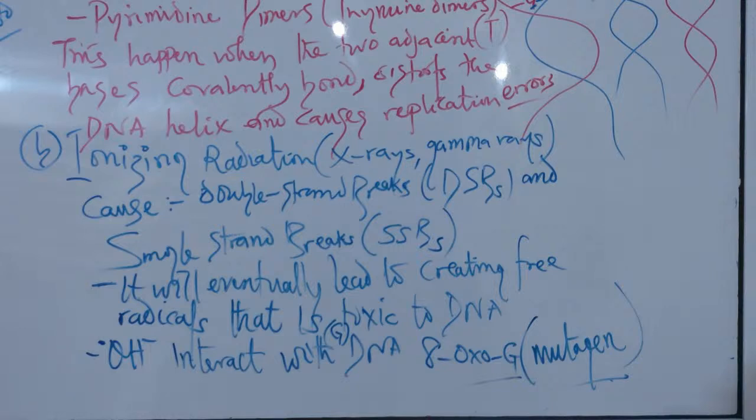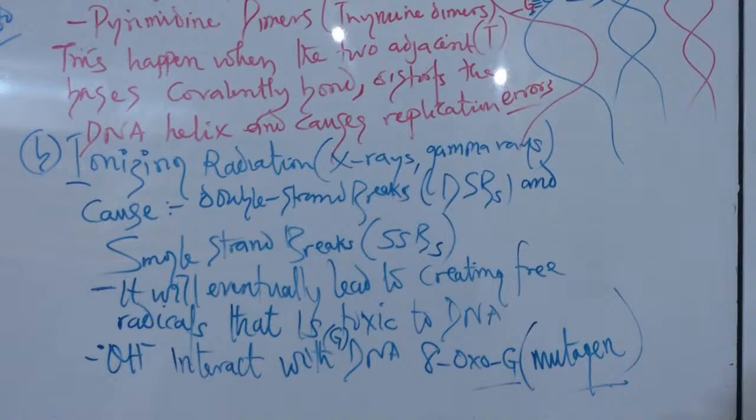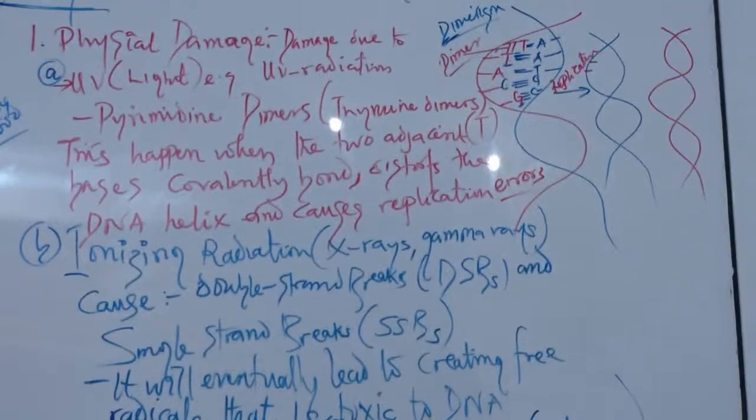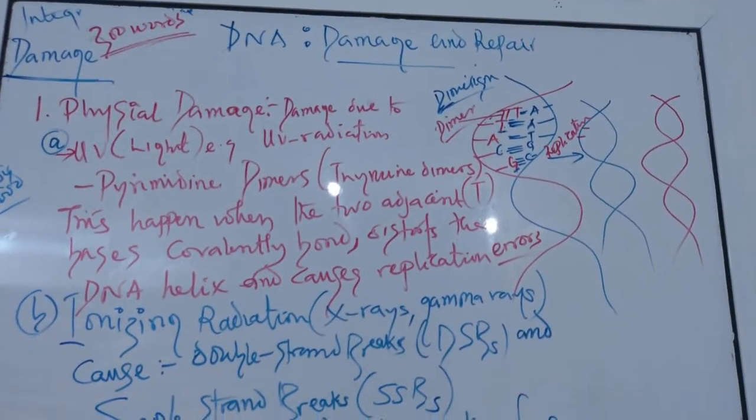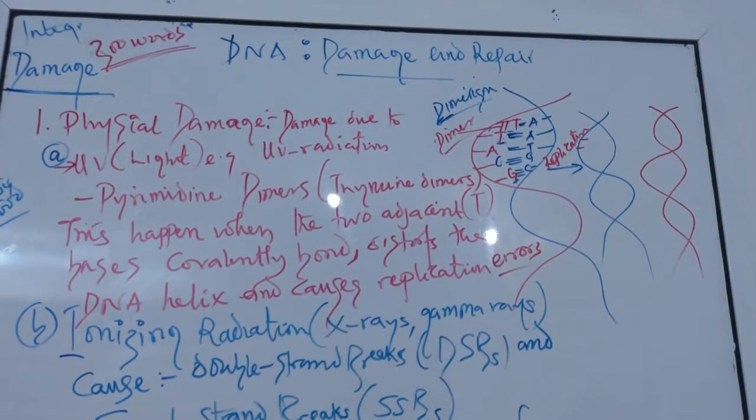They will form compounds that are going to be so toxic to the DNA that it is going to have a very serious effect on the overall integrity and fidelity of DNA, which is very, very important.